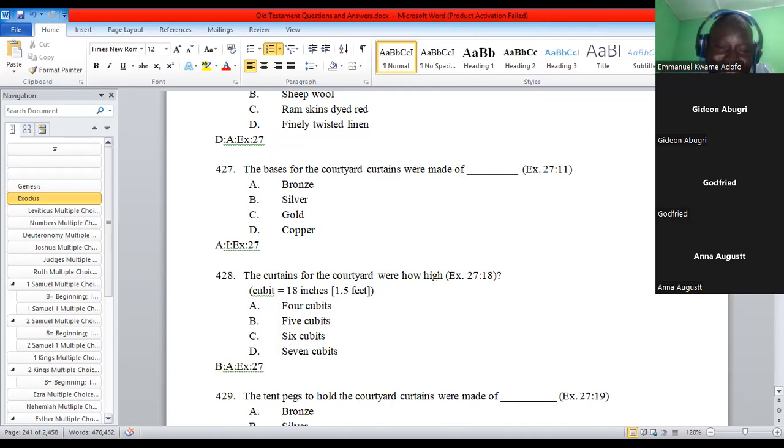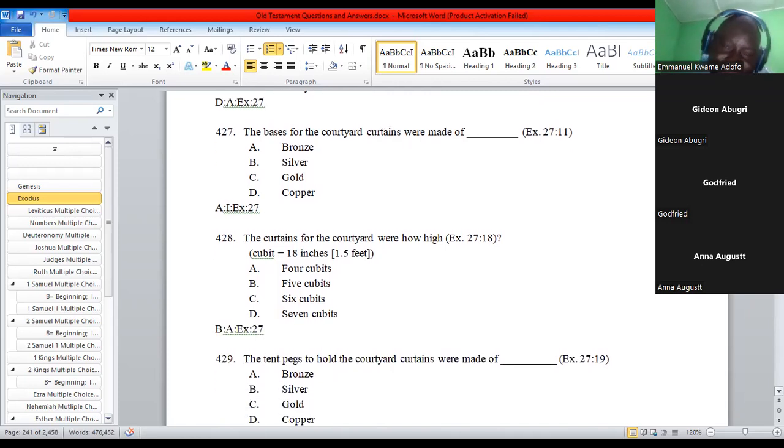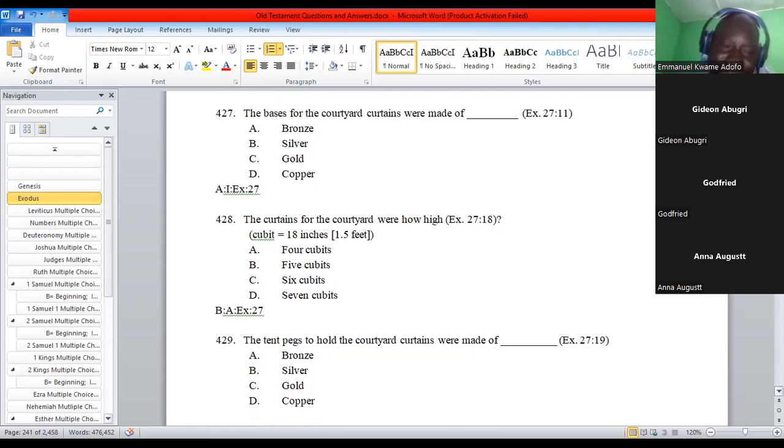I've given you the clue, so it now becomes 5 because that is the only thing left. The tent pegs to hold the courtyard curtains were made of bronze.